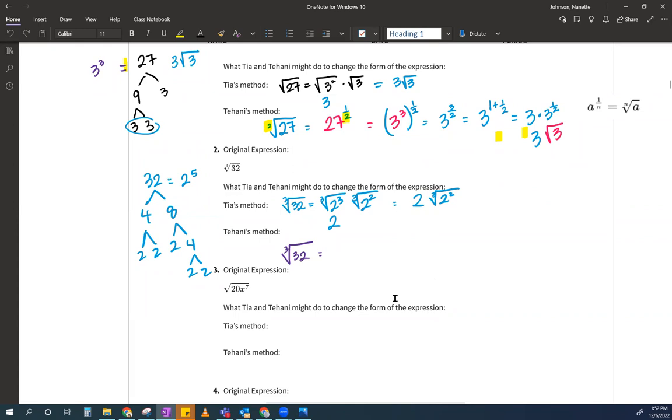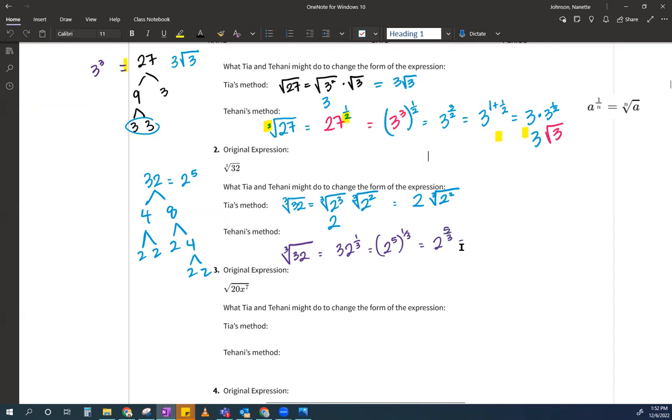Okay, so we get 32 to the 1/3 is what you guys would have written. And then we already know that 32 is 2 to the 5th to the 1/3. So then now we get 2 to the 5/3, which again, this is the key part right here, is you saying, oh, 5/3, rewriting it as a mixed number.